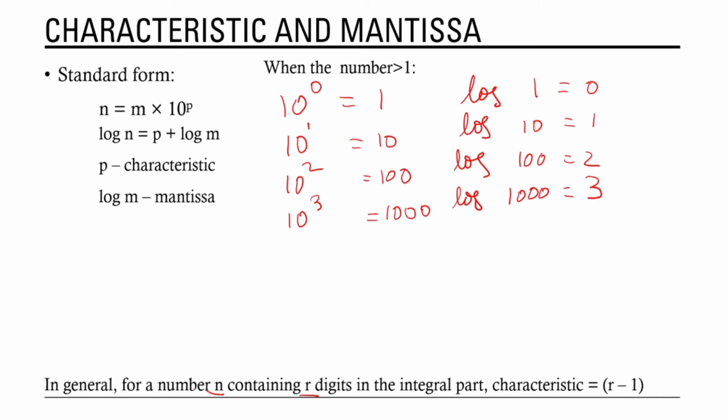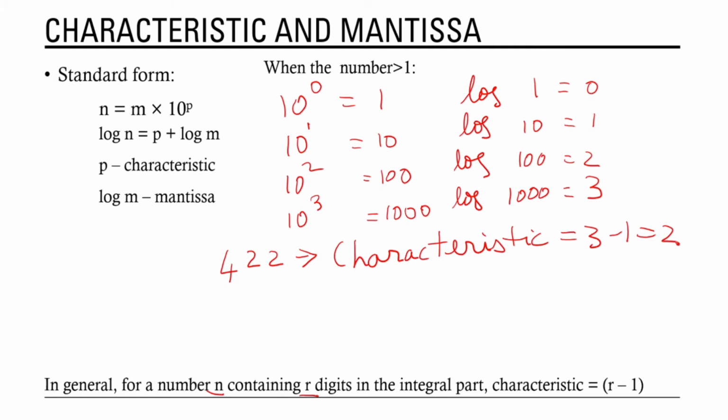Let us consider a number 422. Here the integral part contains 3 digits. So, the characteristic of this number is 3 minus 1, which is equal to 2. Let us consider another number, 52.33.